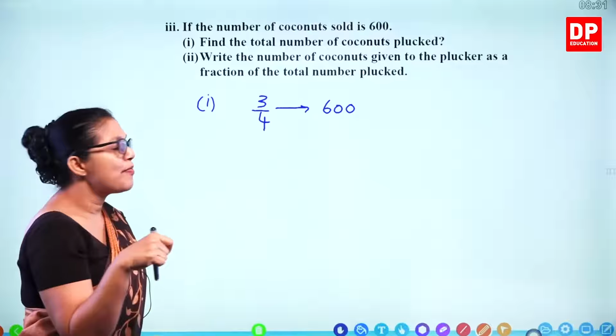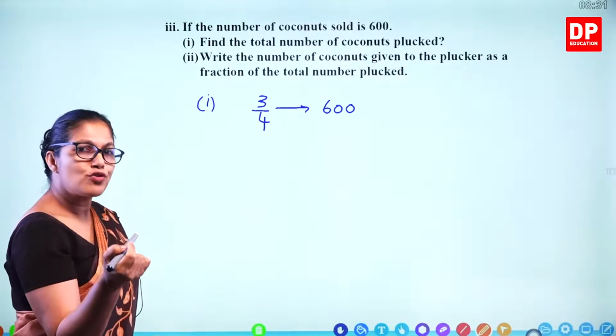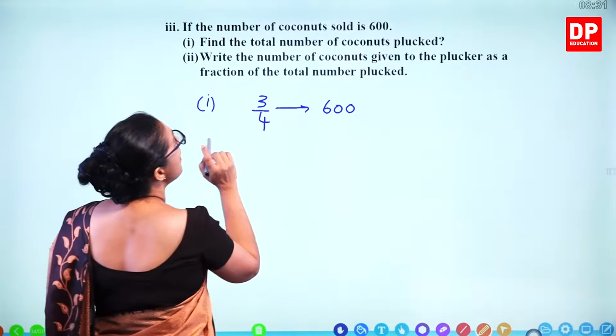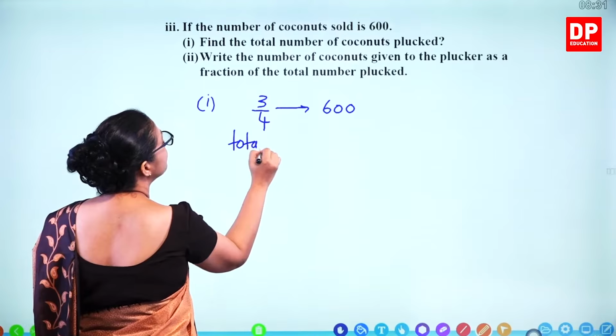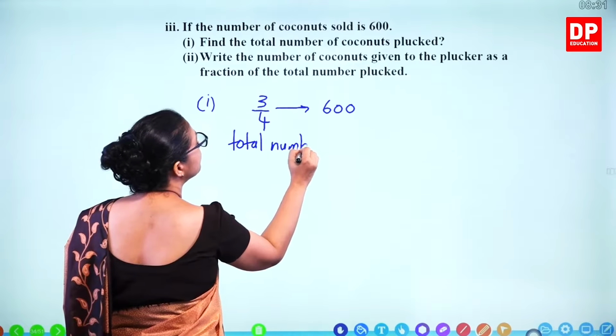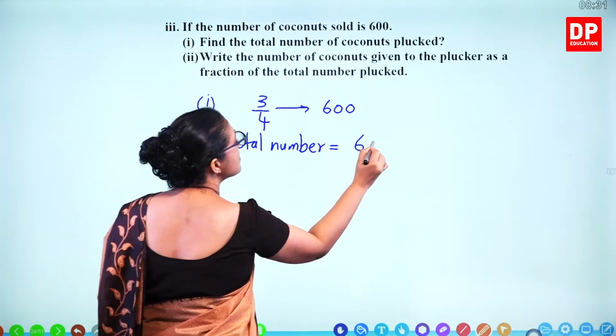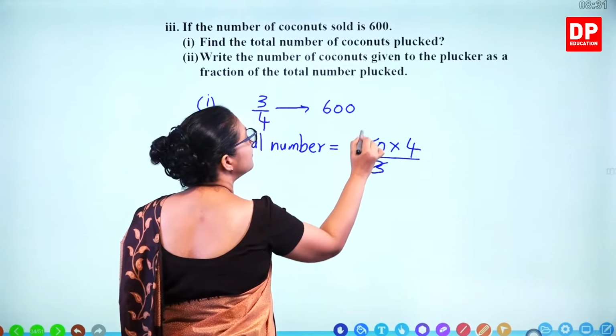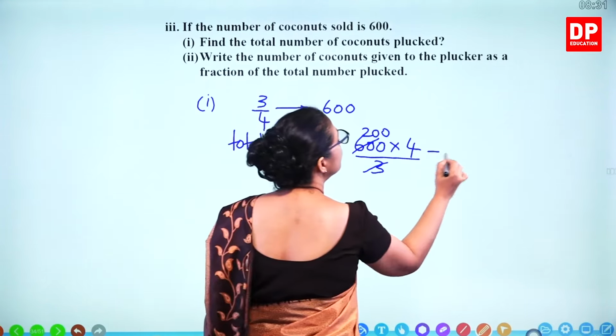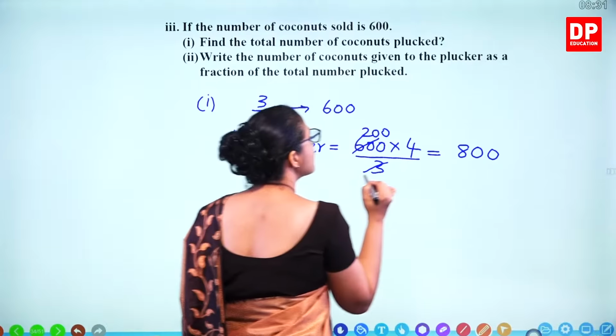That means you divide by 3 and multiply by 4 to get the full parts. So the total number becomes 600 into 4 divided by 3. 800 coconuts altogether.